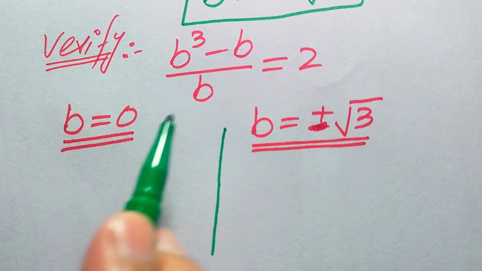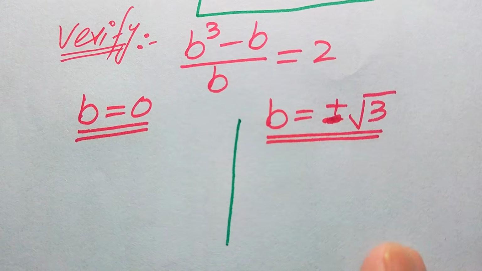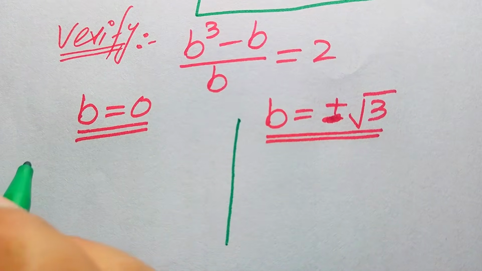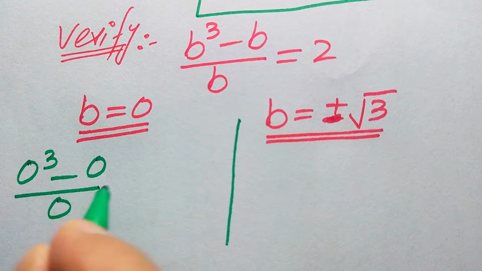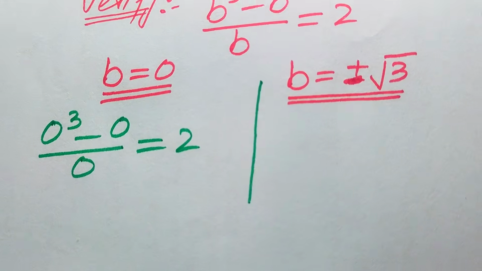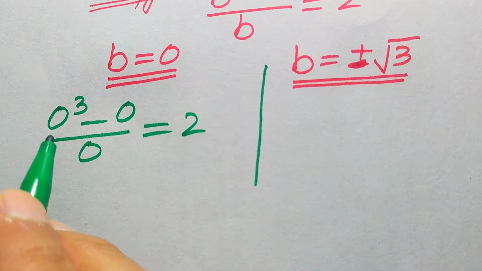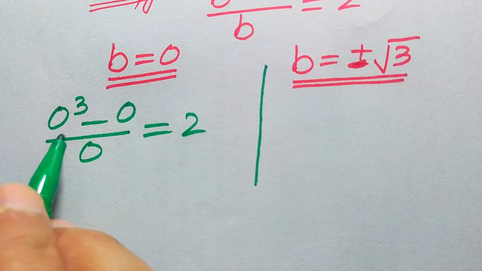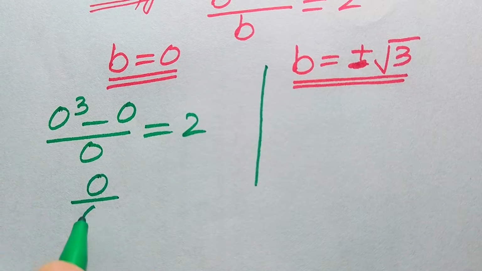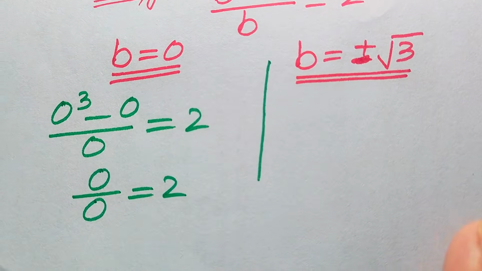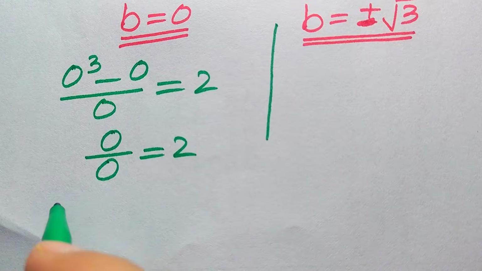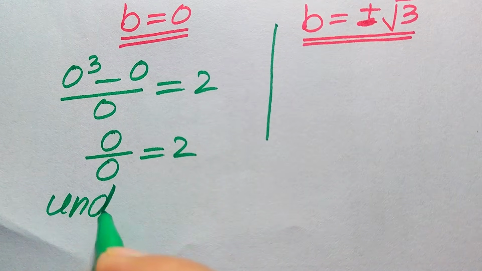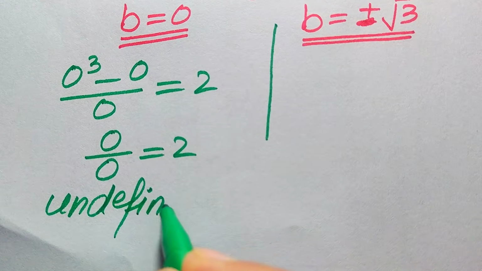We substitute b is equal to 0 into the left hand side and check its behavior. When you put it here, it becomes 0 cubed minus 0 divided by 0 is equal to 2. You see that 0 cubed becomes 0, and 0 minus 0 becomes 0, so we get the 0 over 0 form, which is usually called an indeterminate form, or in other words, an undefined form.